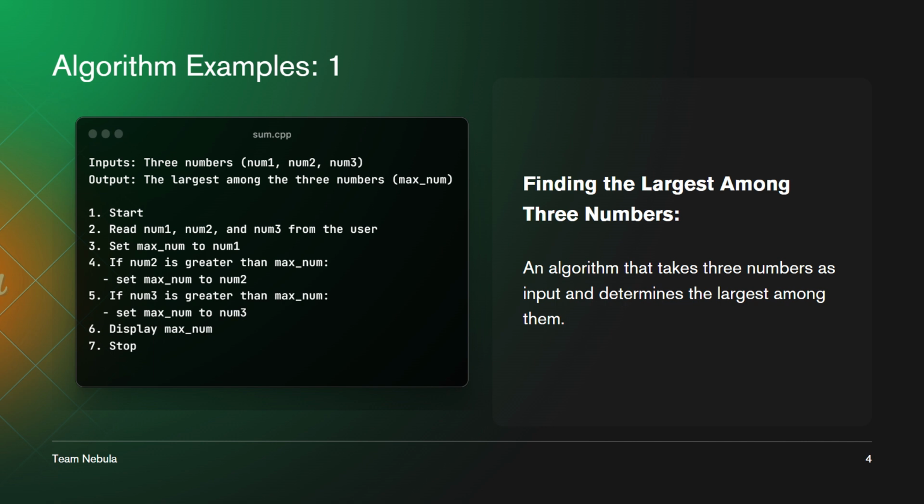If true, it updates maxnum to reflect the larger value. Similarly, it checks if num3 is greater than maxnum and updates maxnum accordingly. Finally, the algorithm displays the value stored in maxnum, which now represents the largest of the three input numbers. The process concludes at this point.